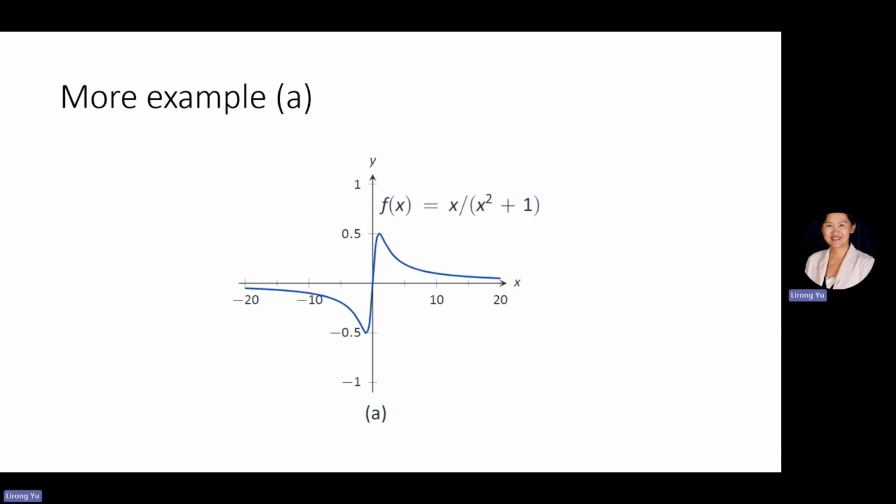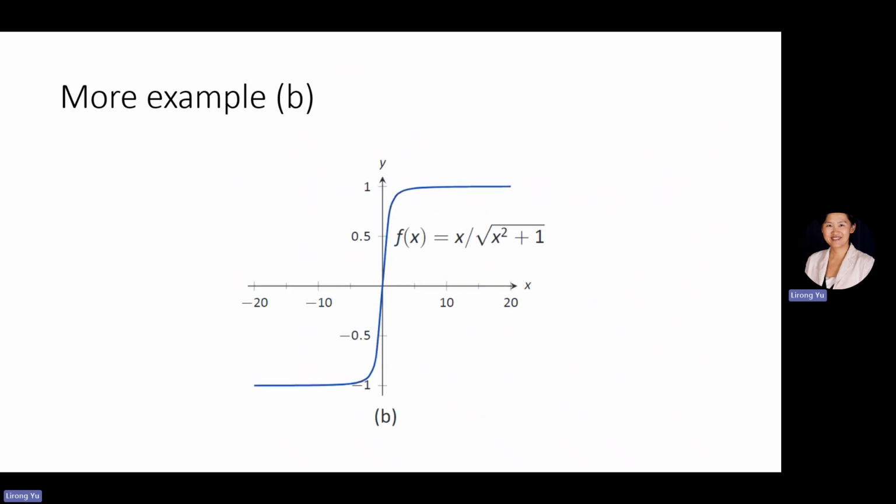So overall, it's similar to this, except in the middle. The numerator has degree 1, the denominator is degree 2, and here this is degree 0, this is degree 1. So the denominator's degree is 1 higher than the numerator's. That's kind of the reason these two have similarity. But yes, this one does have a vertical asymptote, this one does not. These are some of the patterns you can observe.